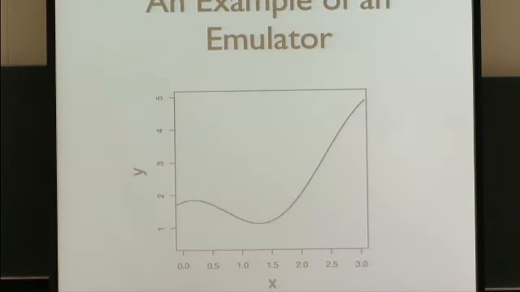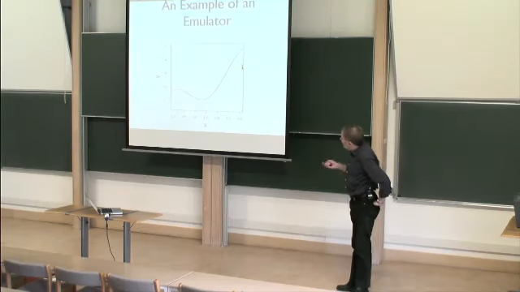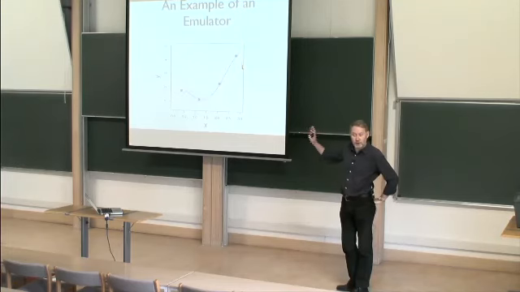So here's just an example of an emulator. There's a nice nonlinear function. In fact, I think that's sine x plus x. It's not a very complicated function, but it is very nonlinear. And we take those 4 points, and we take the data away, and we put an emulator through there. So I've only told the mathematics those 4 points.